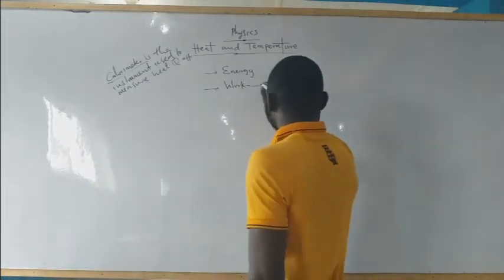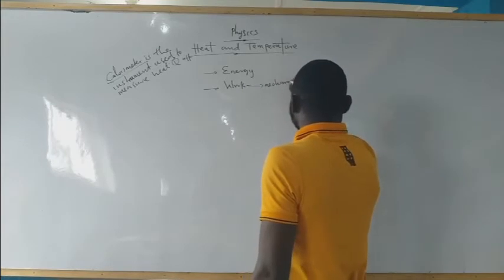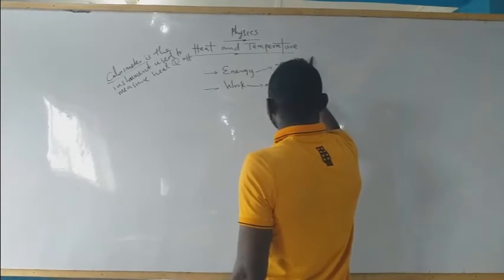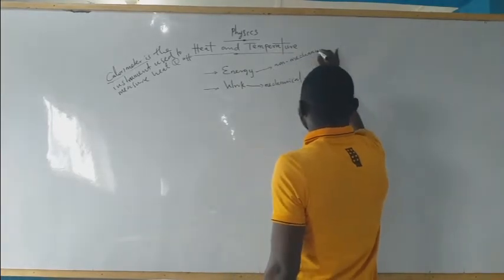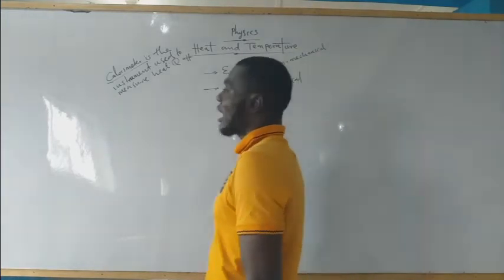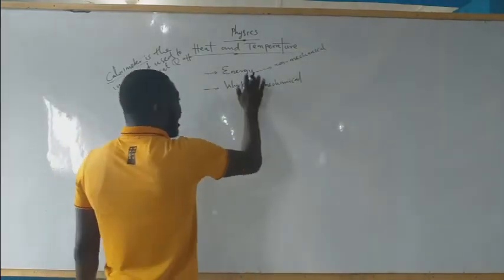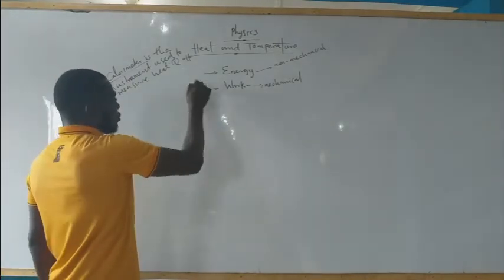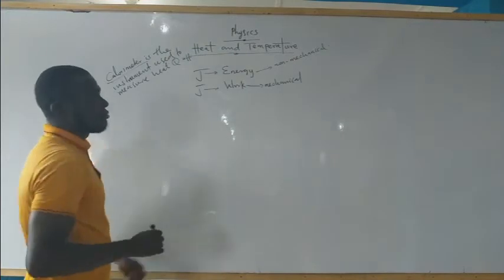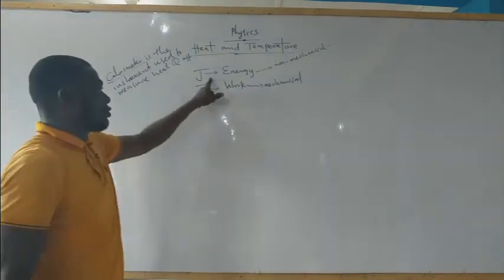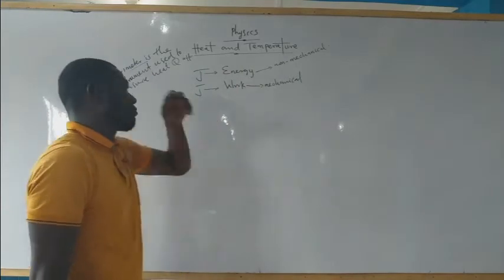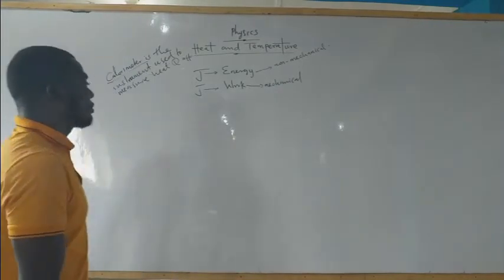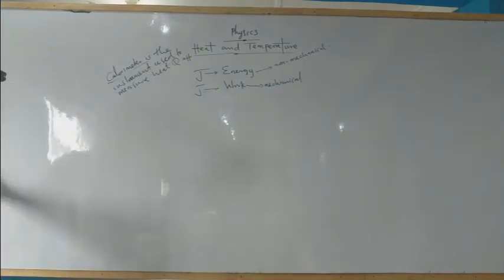This is mechanical, while this is non-mechanical. Energy is in joules, and work is also in joules. Yes or no? Yes. That's mechanical, while this is non-mechanical. Take notes: mechanical and non-mechanical.